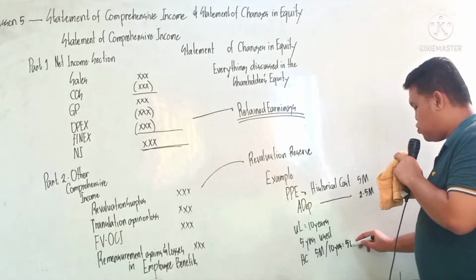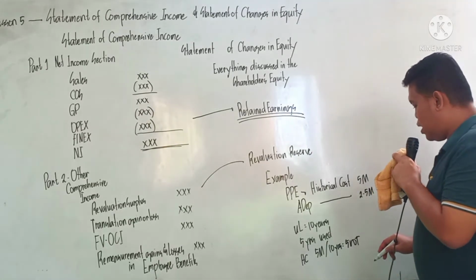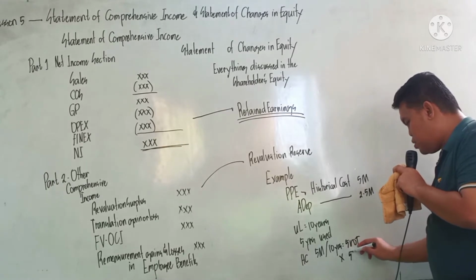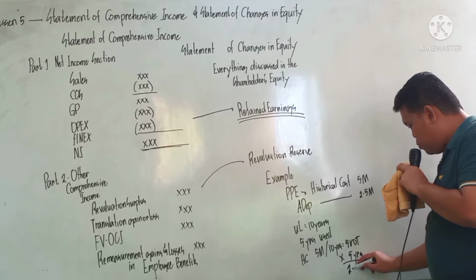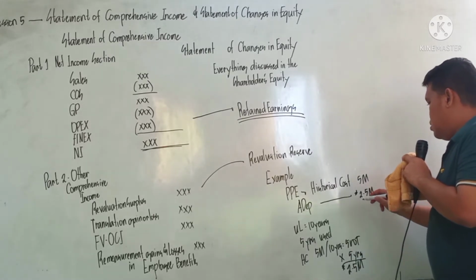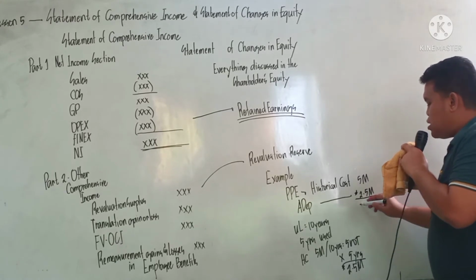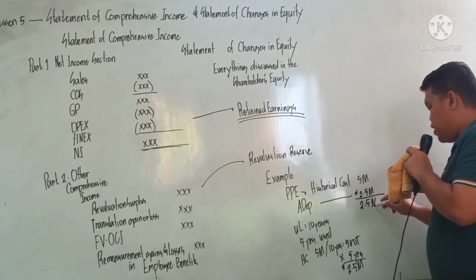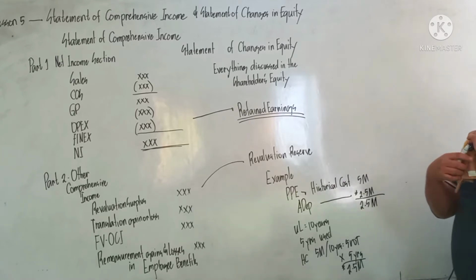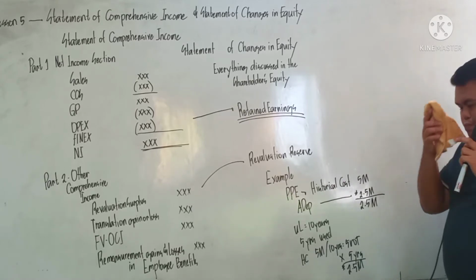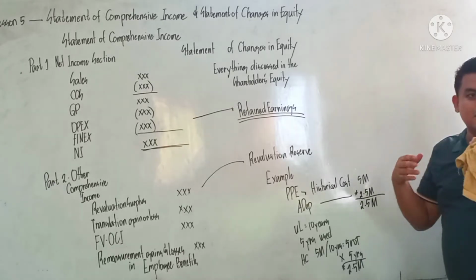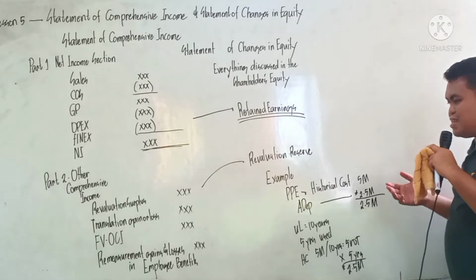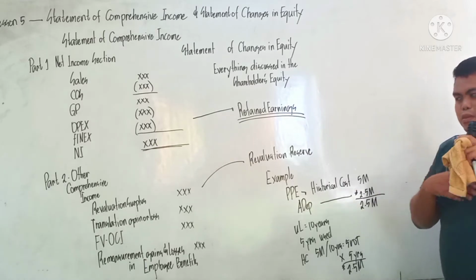You have a depreciation of 500,000 per year times 5 years usage, you have 2.5 million. So it shall be reflected in the financial statements at 2.5 million. So that's the first option when it comes to PPE. You can recognize your PPE at historical cost, less accumulated depreciation, less impairment losses. Tama?